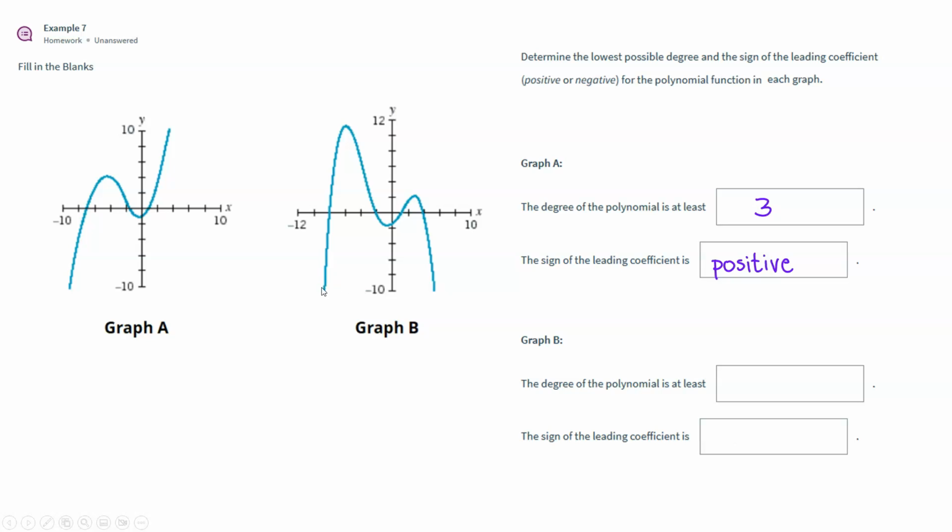It starts off pointing down, it ends pointing down. And that's indication of an even degree polynomial. And because it's pointing down, that means that the leading coefficient is negative. So the degree of this polynomial is at least 4. The leading coefficient would need to be negative on this one.